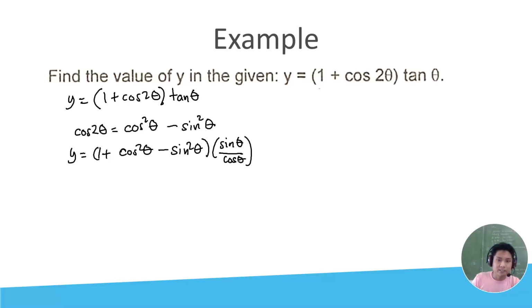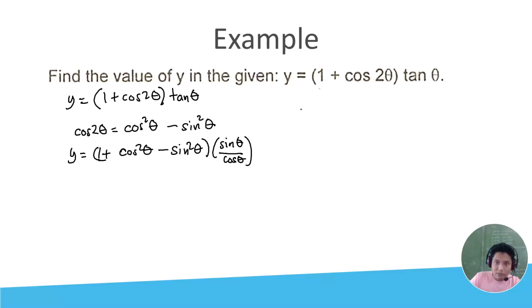So we cannot cancel out cosine or sine here because this is an expression with different terms. So let's take a look at 1 and minus sine squared theta, or cosine squared theta, sine squared theta, and 1. Do you see any relationship between the three, or do you recall any Pythagorean identity from this expression?